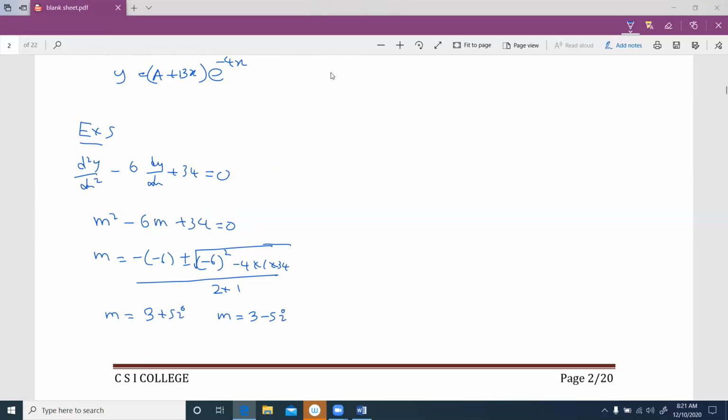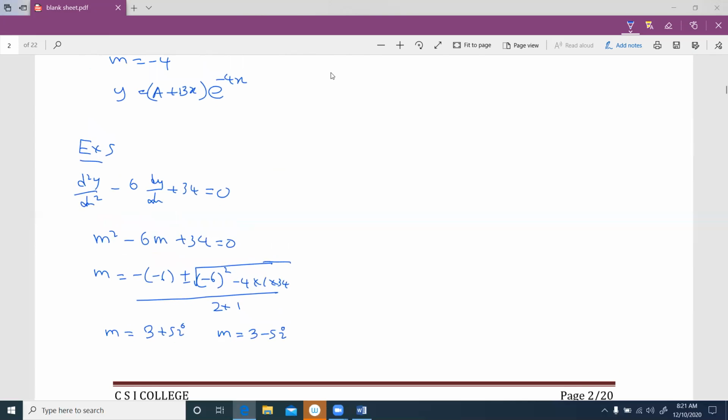So the general solution, if you work it out, turns into y equals a times e to the power (3 plus 5i)x plus b times e to the power (3 minus 5i)x.